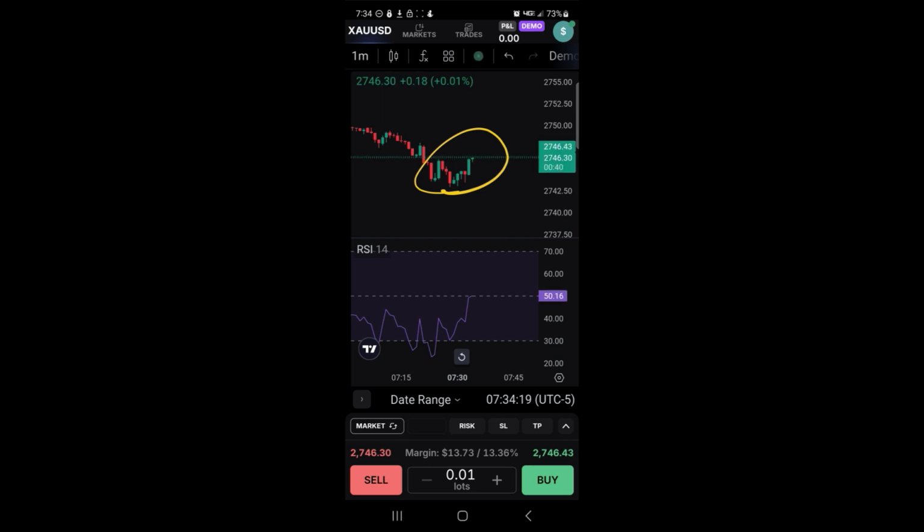So what just happened? Well, let's talk about it. The RSI was below the lowest resistance line here. The market was showing a possible W pattern, which is not guaranteed.